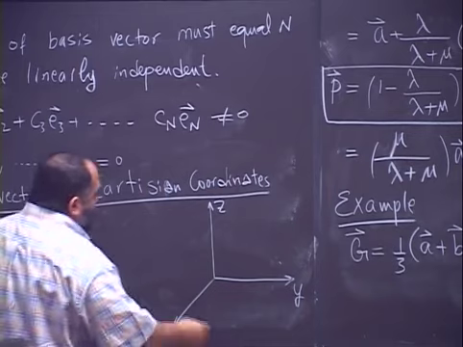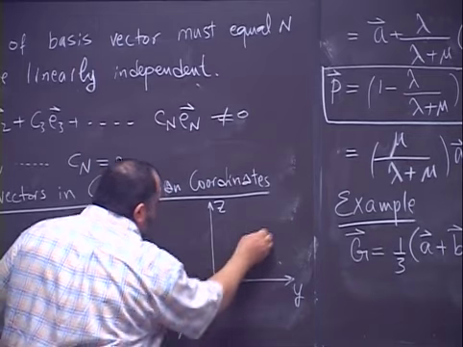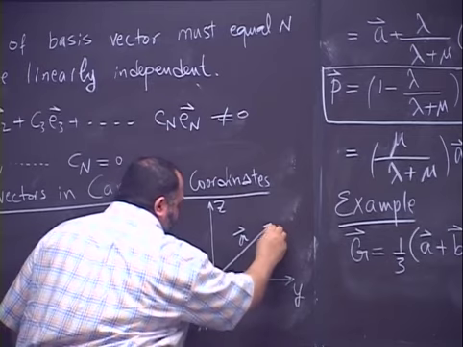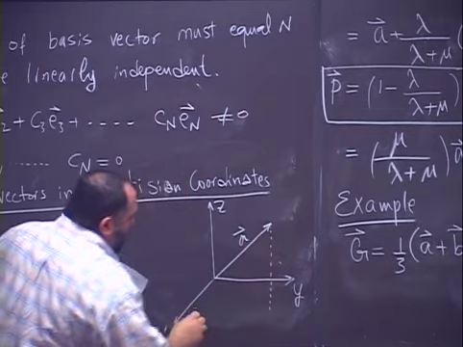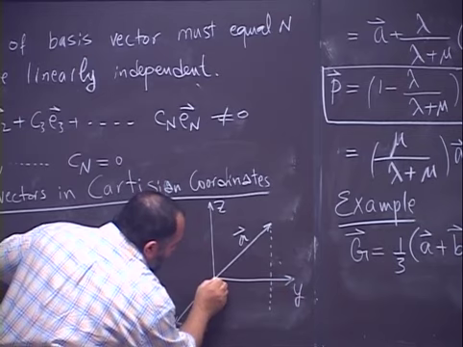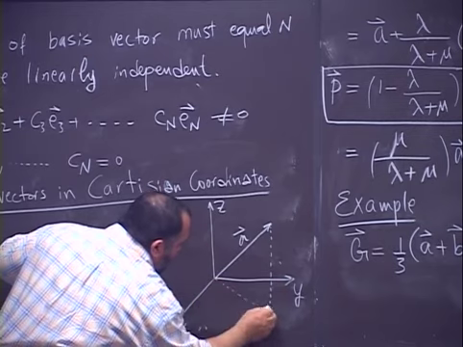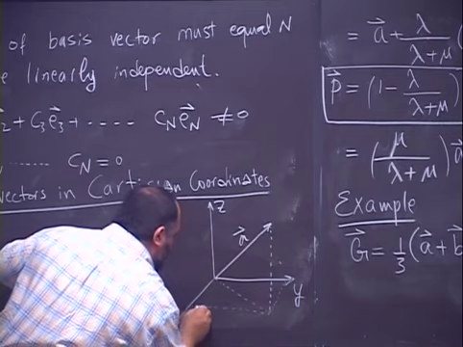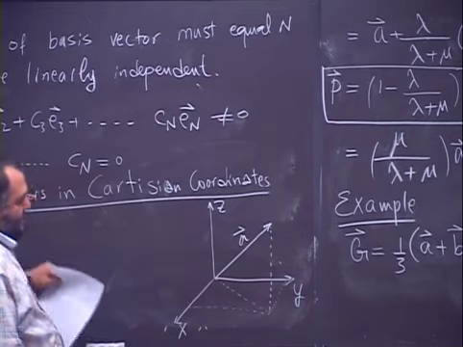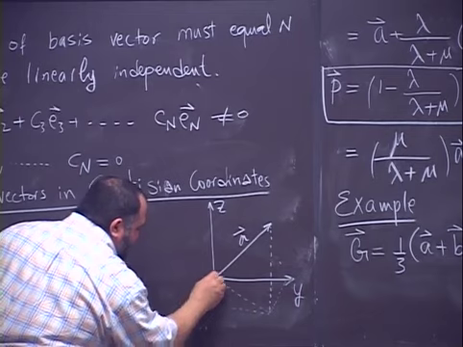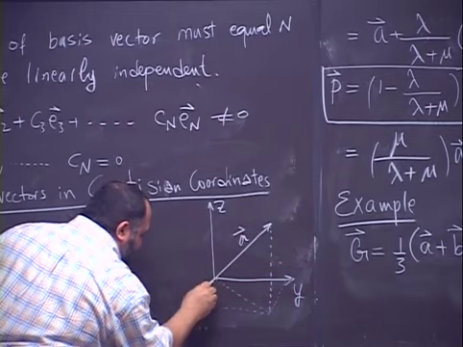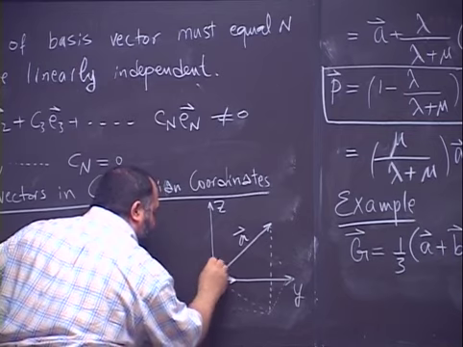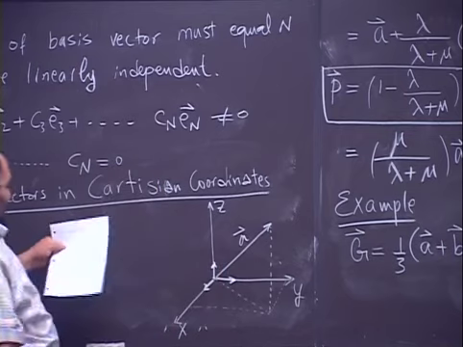Then, if we have a vector, any vector, let's say a vector A like this, you can decompose this vector into components here. And then we will have three base vectors. One in the x, the other in the y, and the third in the z.